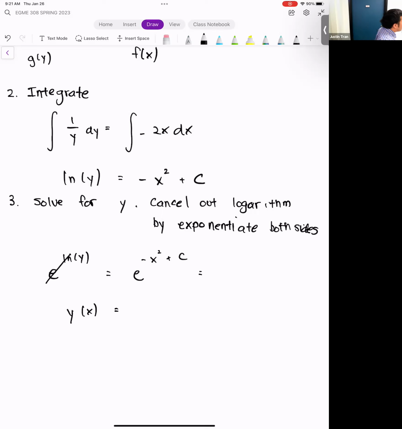On the right hand side, we have e raised to the minus x squared plus c. Remember, when you have added exponents, all that means is that you are just multiplying those two terms. Another way we can write it is we have e raised to the minus x squared multiplied by e raised to the c.